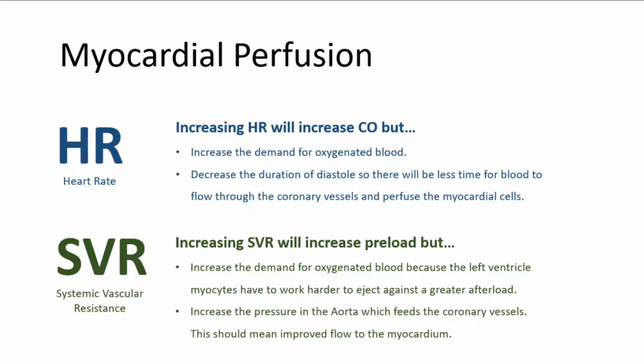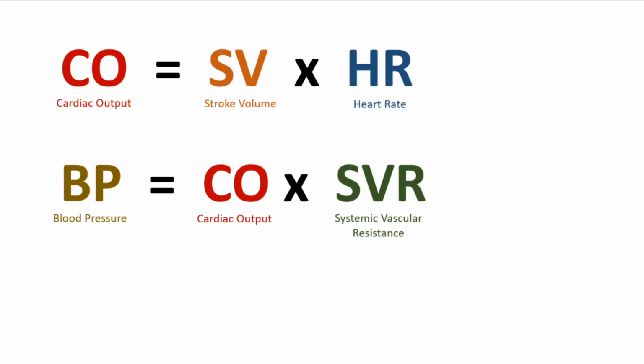But an increase in systemic vascular resistance will mean there's more pressure within the aorta, a greater pressure differential between the aorta and the relaxed myocardial muscle, and so the blood will flow more freely through the coronary vessels and perfuse the myocardium better.